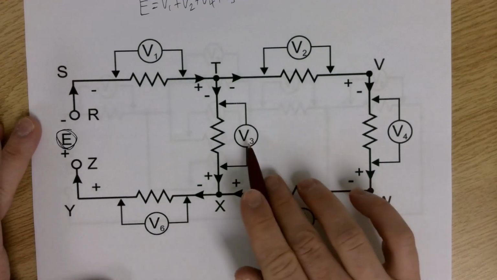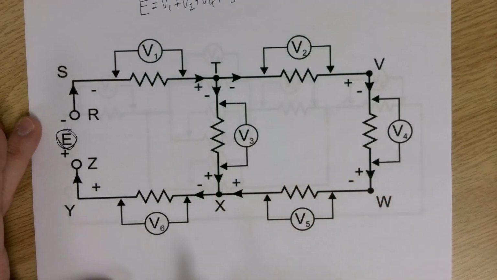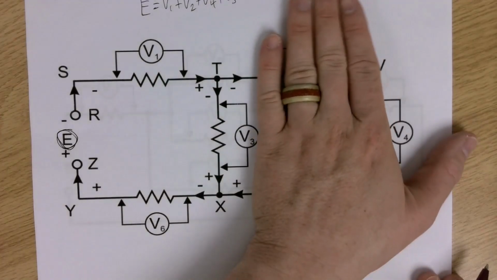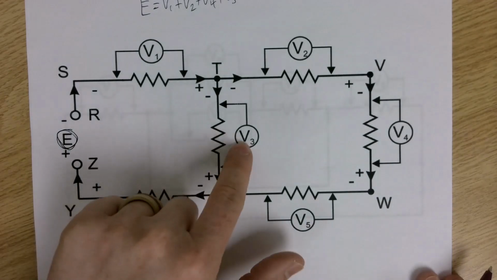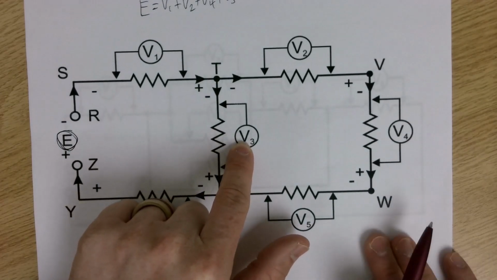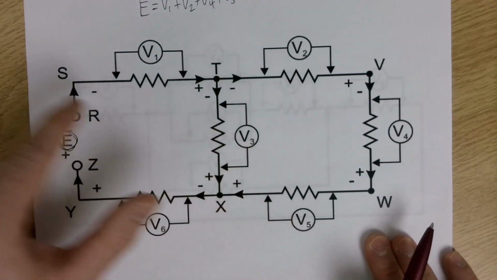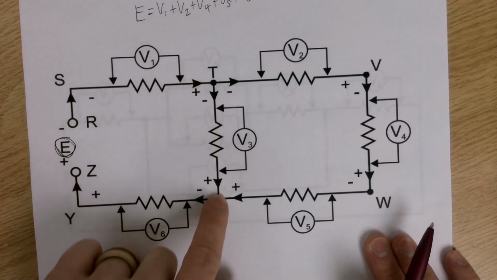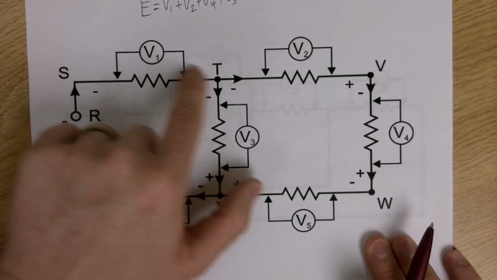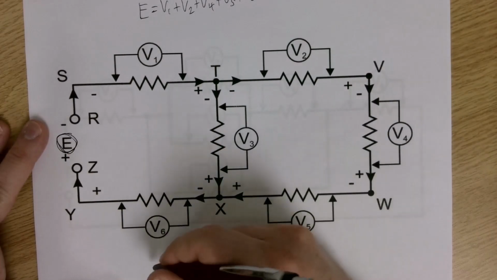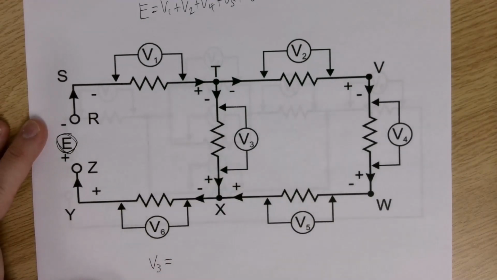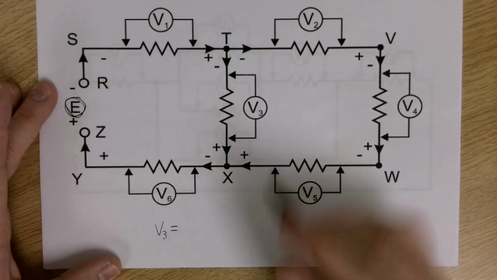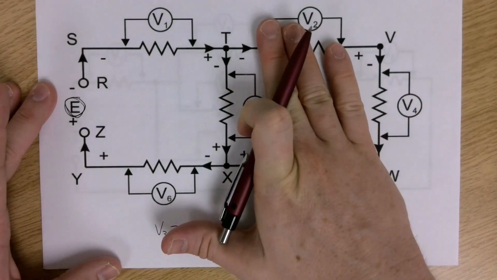If I wanted to figure out V3, well, I'm not going to really care about this half of the circuit. Because if I wanted to figure out V3, I would just follow this as if it were just one series circuit. Because I know that in a series circuit, I can calculate a specific volt drop like this. I can go, hey, I want to know V3.